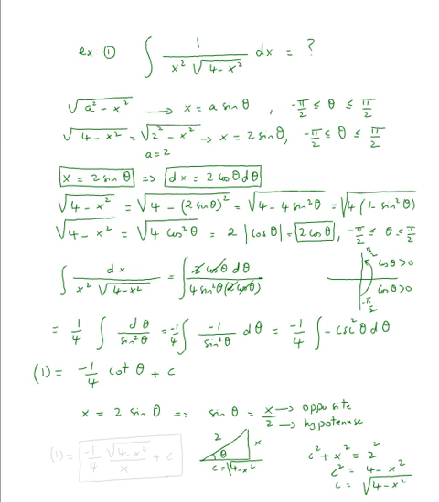So therefore 1 is equal to minus 1 over 4, cotangent of theta, which is square root of 4 minus x squared over x, plus some constant c. So this is the solution. And that's about it for this example.